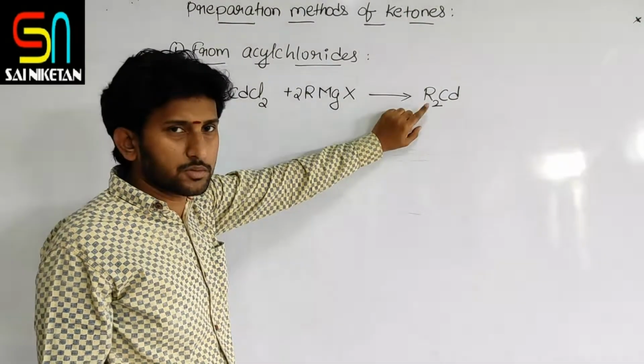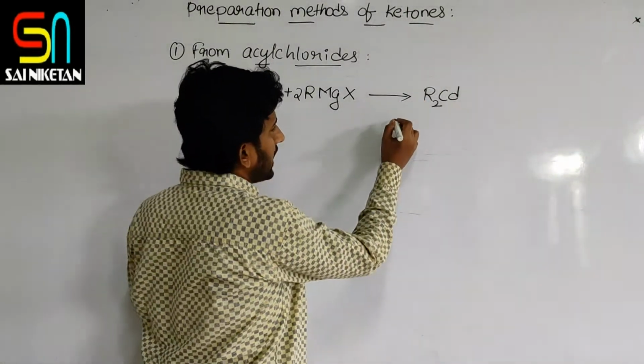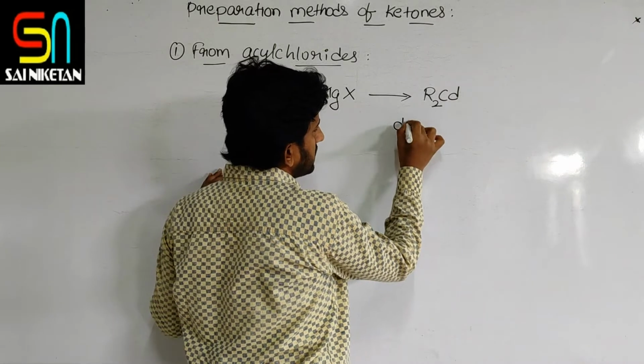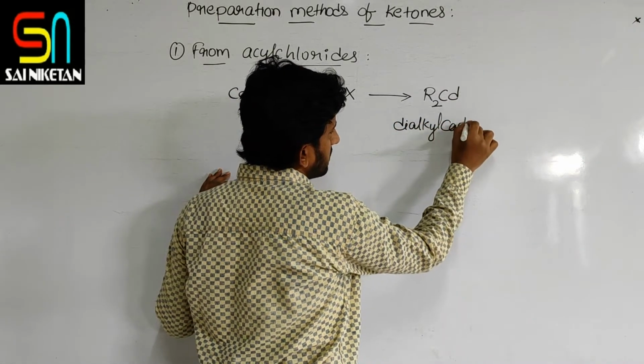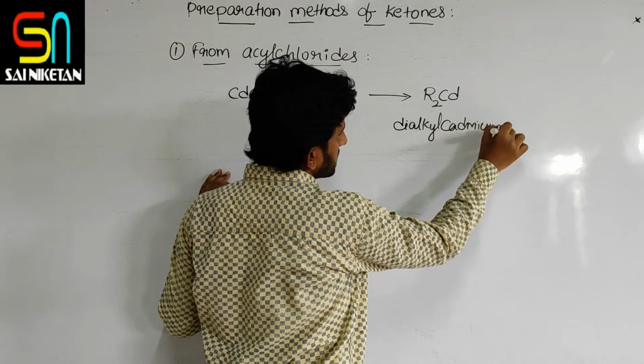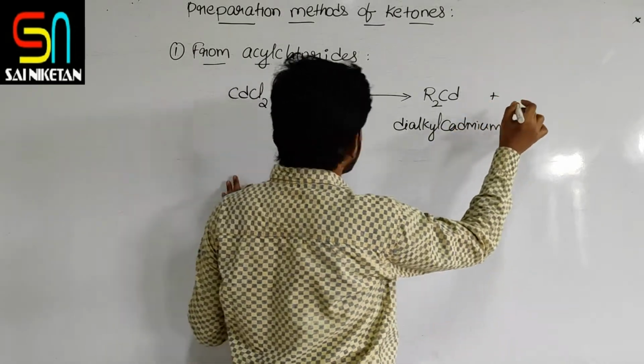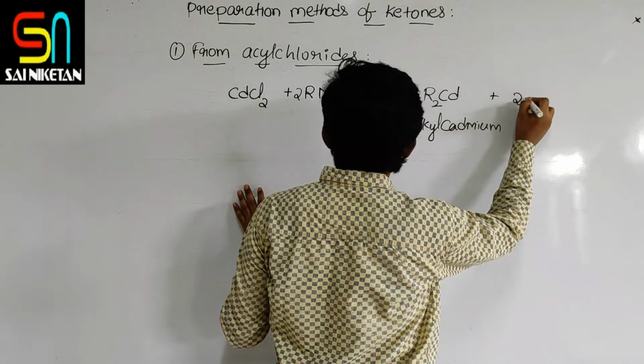R2 means two alkyl groups. This is produced in the first step.